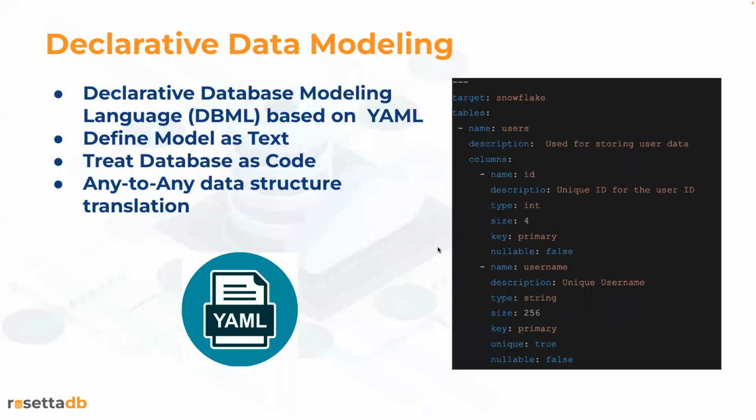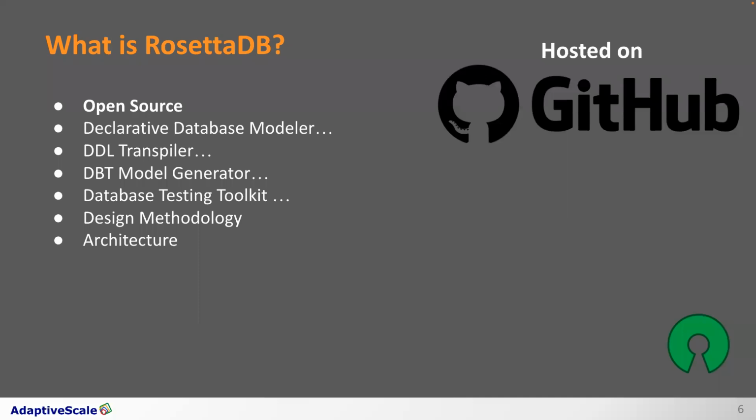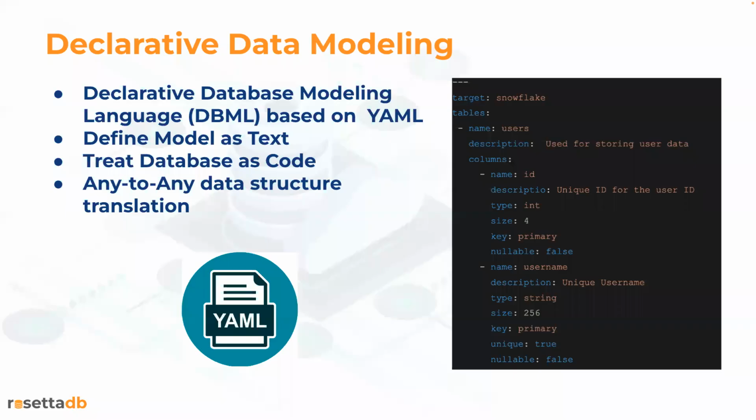What does declarative data modeling mean? One of the first functionalities of Rosetta is that it is a declarative database modeler. Rosetta uses a declarative database modeling language, DBML, which is based on YAML, and it allows data engineers to define their models as text.